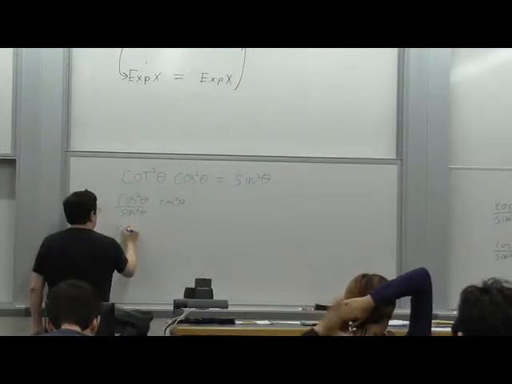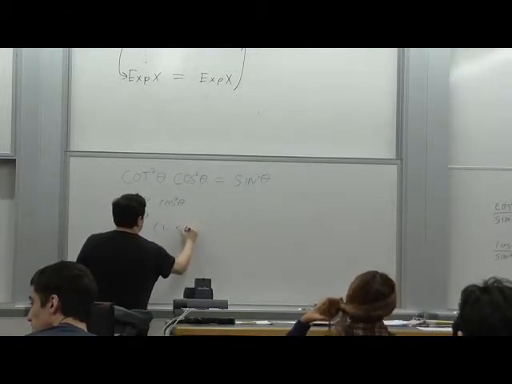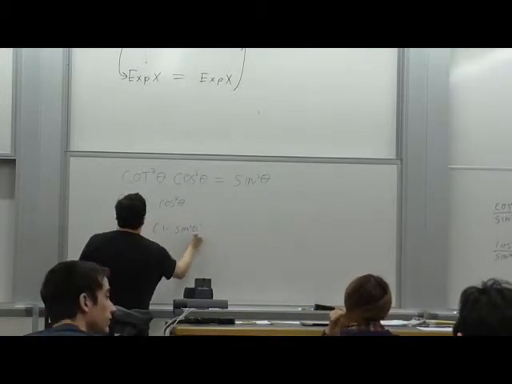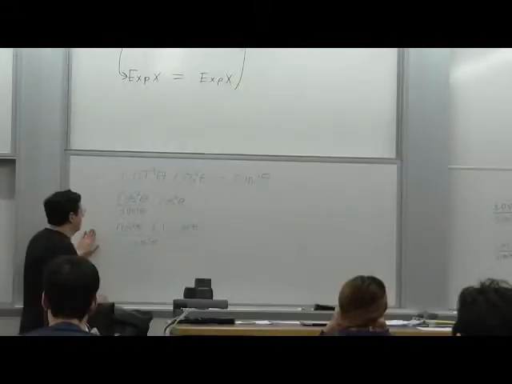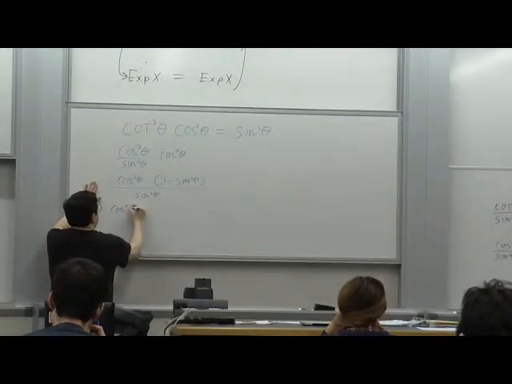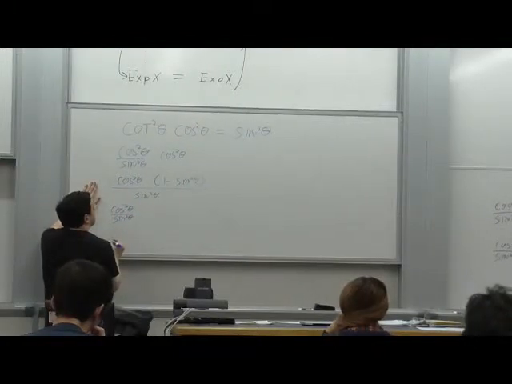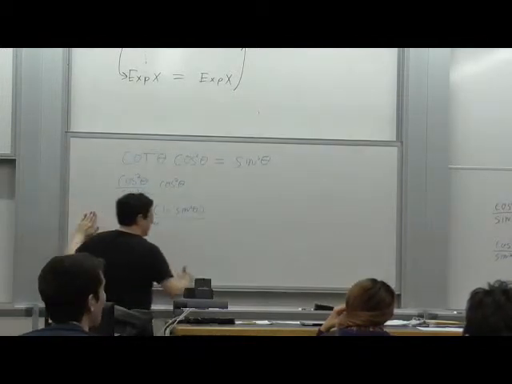How about cosine squared theta times 1 minus sine squared theta over sine squared theta? Right? So that's going to be cosine squared theta over sine squared theta. Oh, it just gets me back where I started from. No, that's not good.